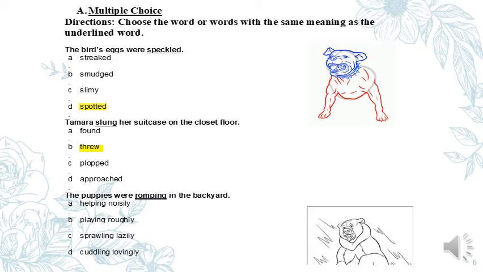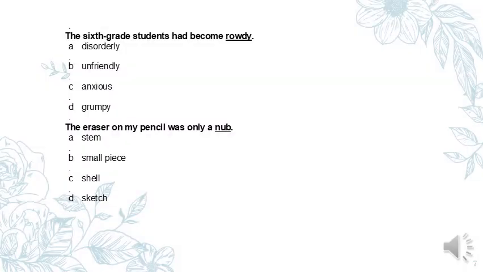Romping means, yes, what is the word? Helping, playing, sprawling, or cuddling. It's playing roughly or disorderly. The sixth grade students had become rowdy. So what is rowdy?